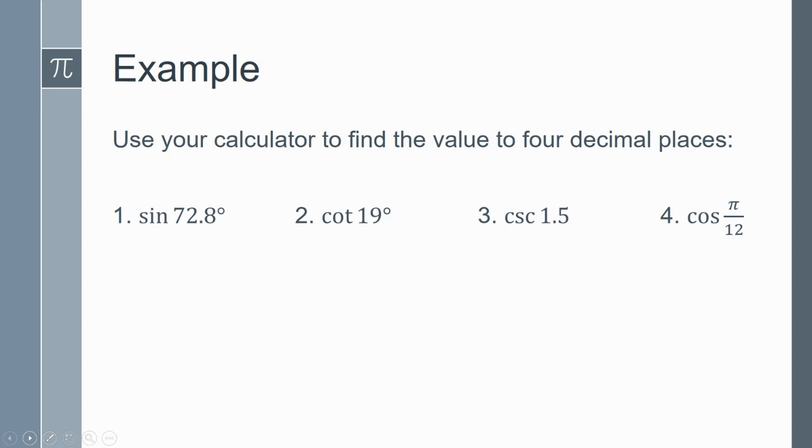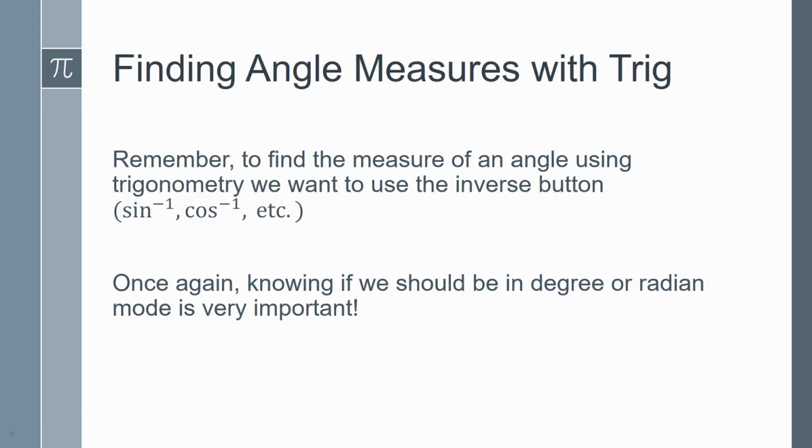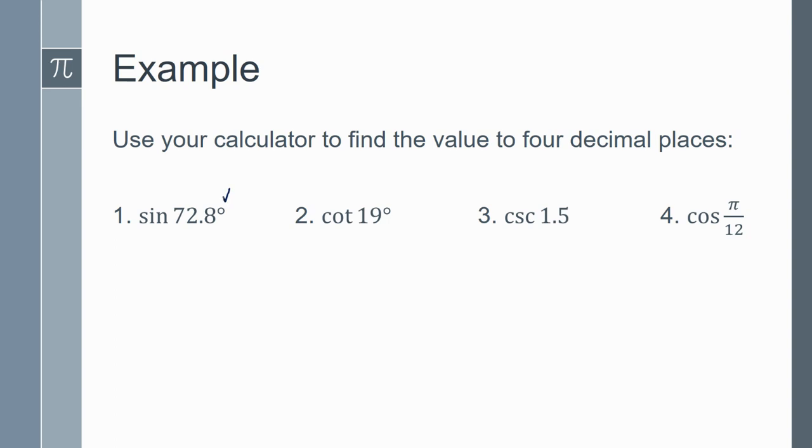All right, so we're going to use the calculator to find the value to 4 decimal places. Once again, it's going to be critical that we look to see if we are in degrees or in radians. Notice that in these first two examples, I see a degree symbol.